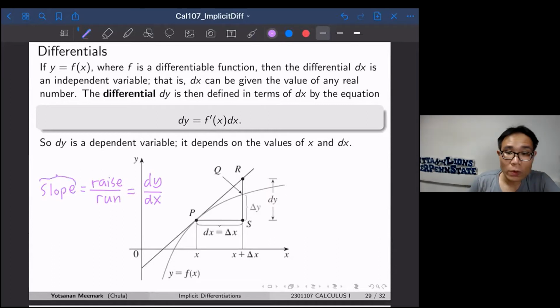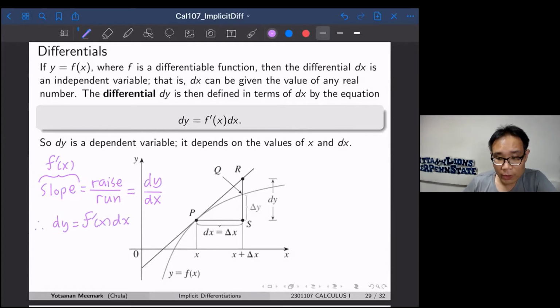However, the slope can be computed using the derivative as well. The slope can be equal to f'(x) when we use the derivative of the function. So in this case, you're going to have dy equal to f'(x) dx. This is the meaning of this, and here delta x will tend to 0, which means the error is going to be small.